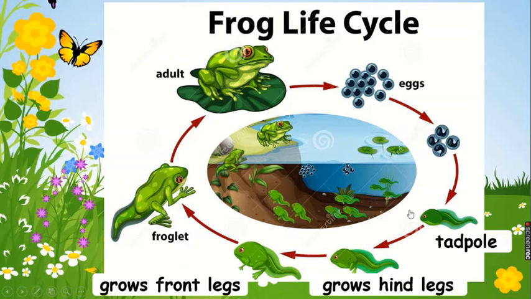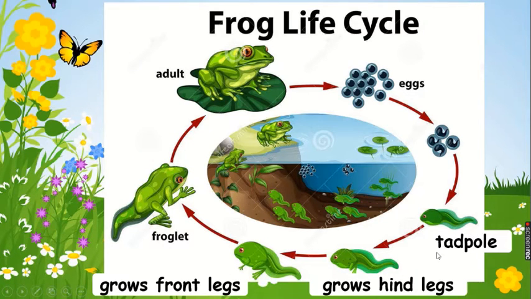That's a very informative video. We learned a lot from that, right? So here's a quick review about what we learned from that video. First, we have the adult frog that lays eggs. So we're not really sure which one is first, the adult or the eggs. So maybe we'll start with the eggs. First, it starts with the eggs or the adult laying eggs. And those eggs turn into tadpoles.